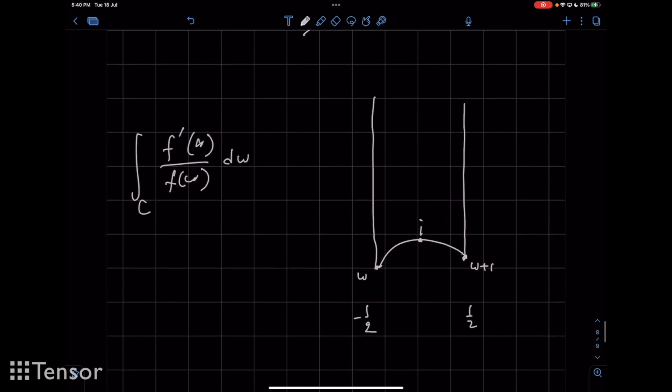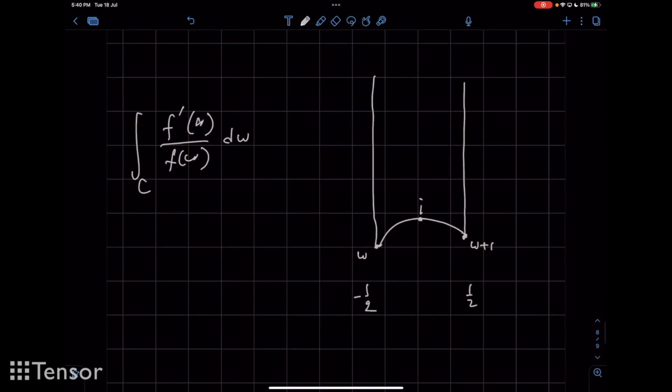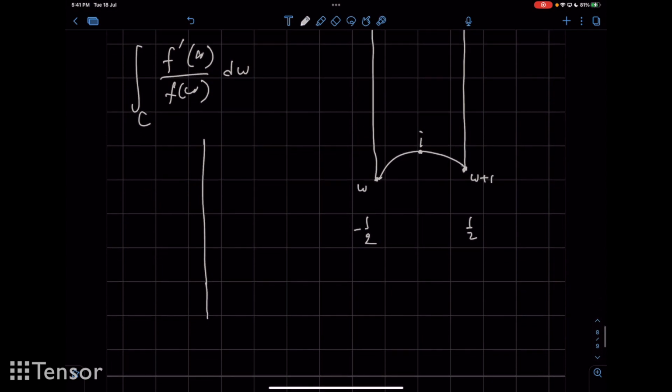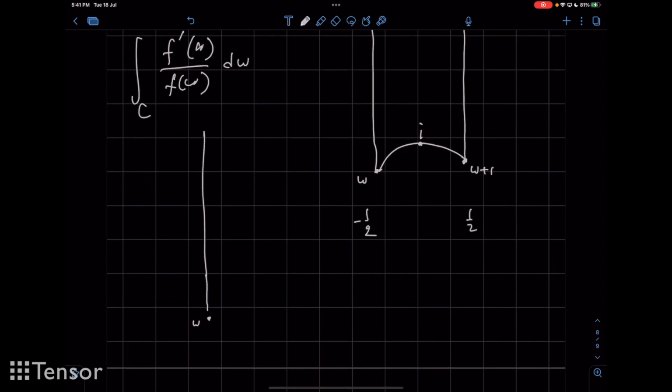Our contour goes like this. This is omega, this is omega plus 1. Sorry, my w and omega look the same. This is i. And let's say at some very big height t, we'll ignore w and w plus 1.